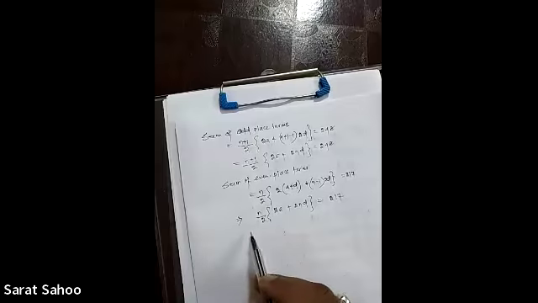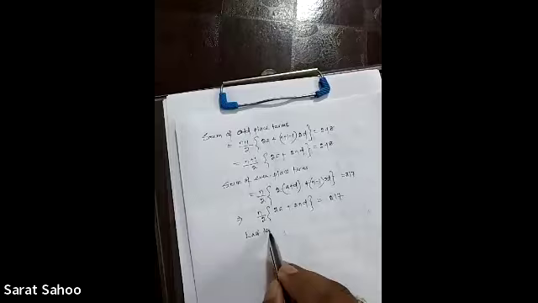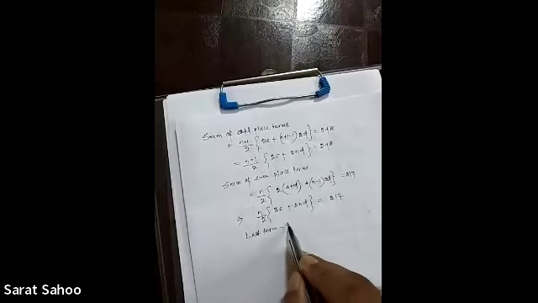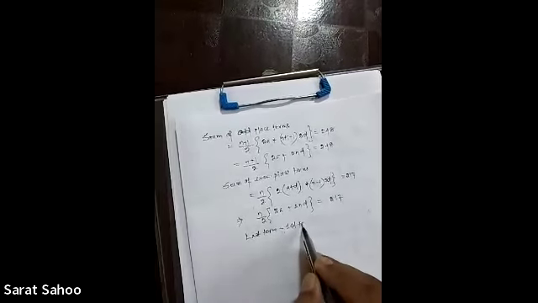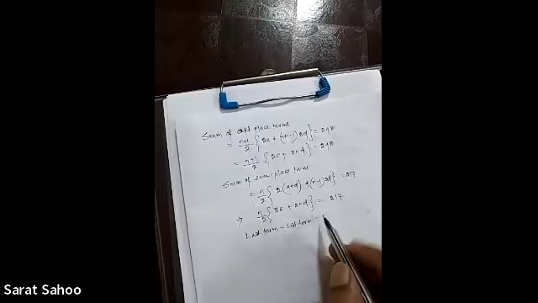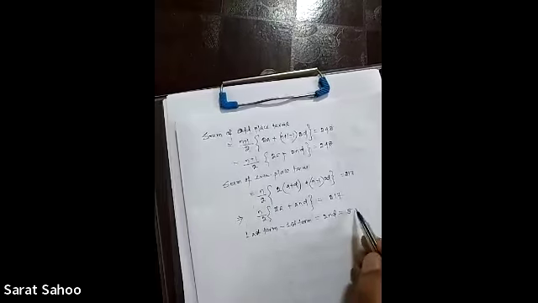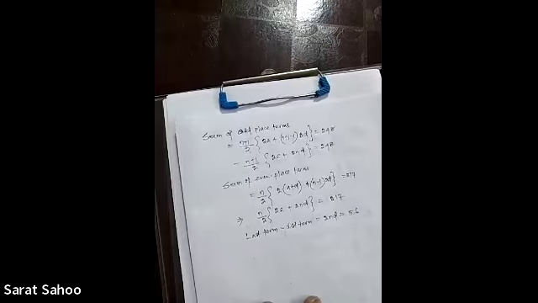Difference between the last term and first term, last term minus first term, which is equal to 2nd. 2nd is equal to 56. Okay.